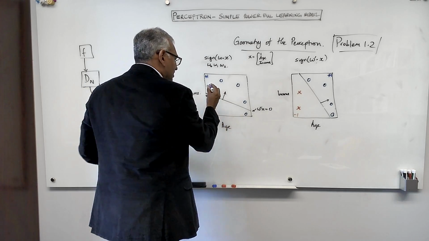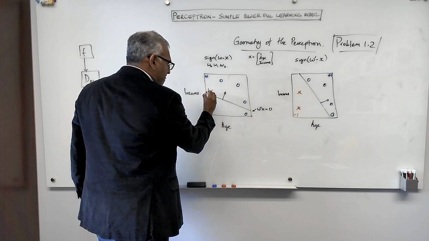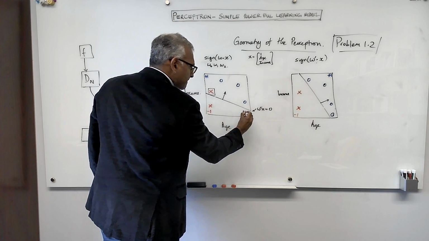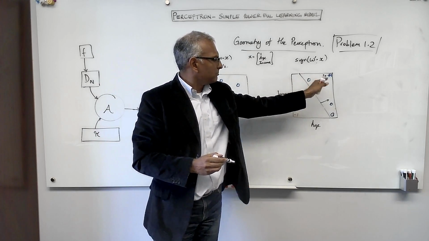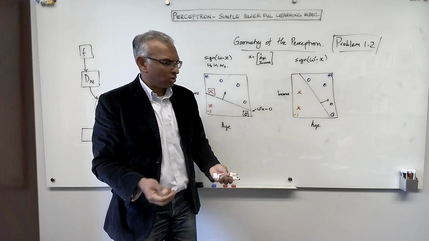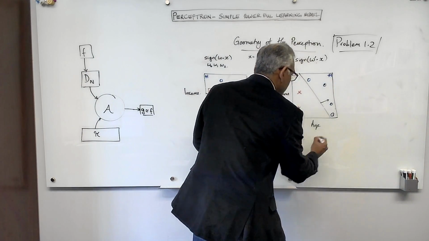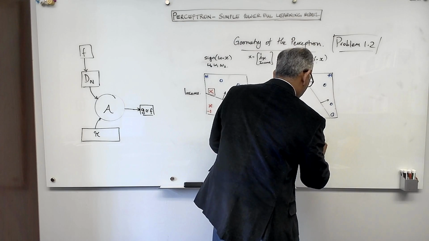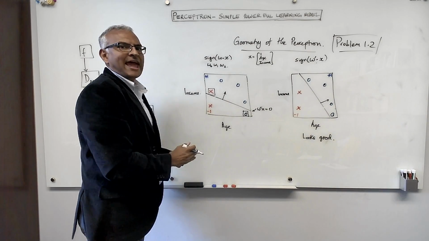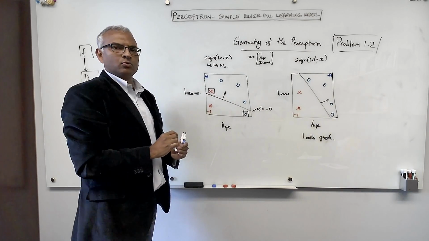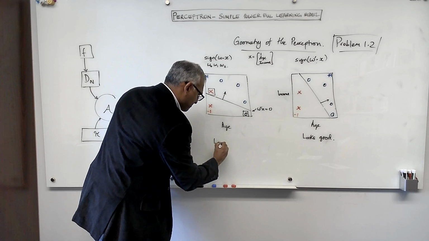So it disagrees with this guy and this guy. Whereas this one said red for these 2 points and blue for those points, so it agrees with all the data. So this one looks good. This one looks bad. In particular, there are 2 data points on which it looks bad.